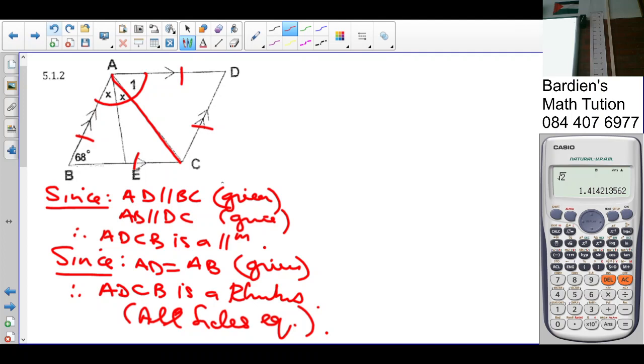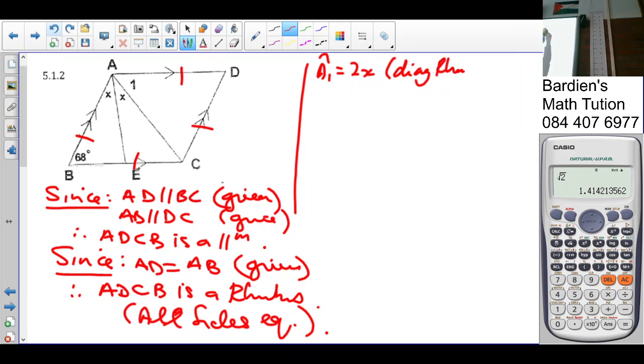So we say that A1 is equal to 2x. Why? Because the diagonals of a rhombus bisect the vertex angle. Alright, so that is 2x.